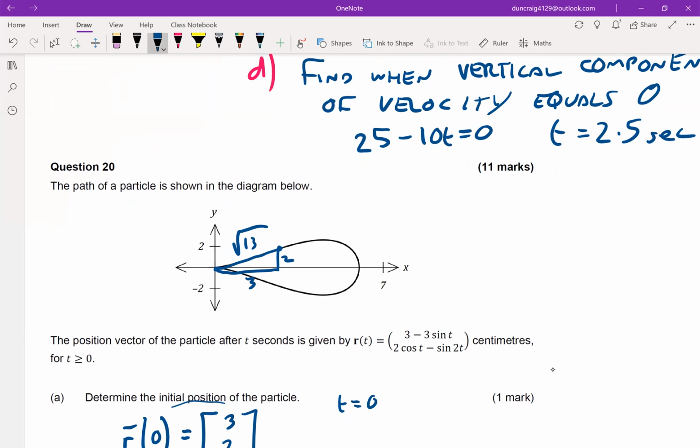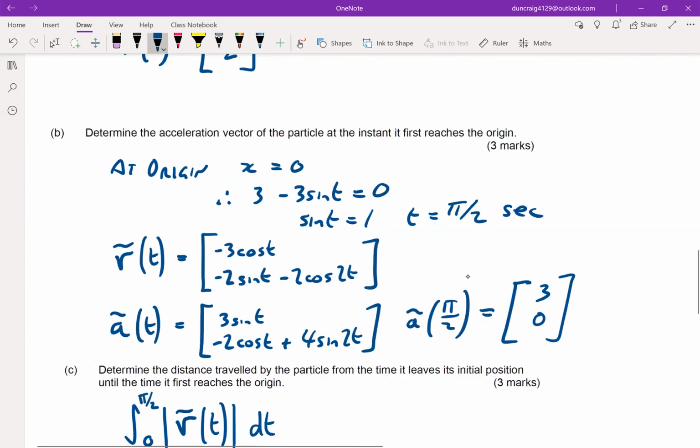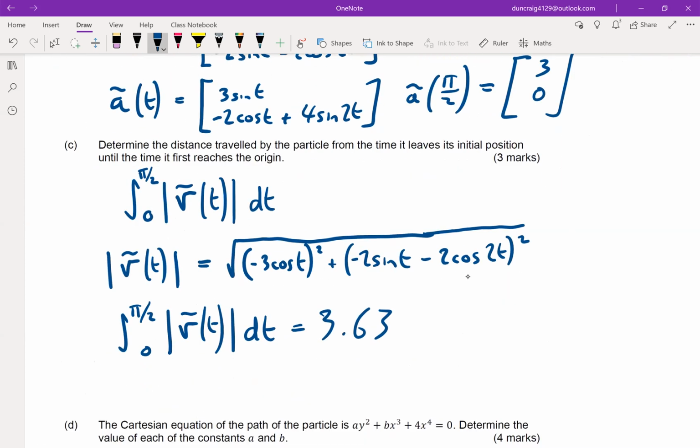Let me double check what root 13 is on my calculator. The square root of 13 is 3.6, so we got an answer of 3.63. That sounds about right, so I can guesstimate what that's going to be.